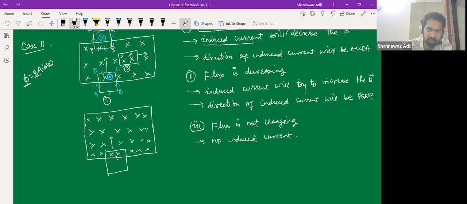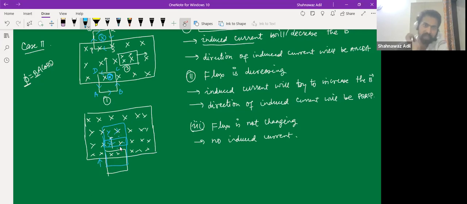Now it has two field lines, but it has moved to this area. It has come to this point, so now it has four field lines. Now it has come to this point, so it is going inside. So the magnetic field lines have increased. In this case, you can see that it is increasing, right?